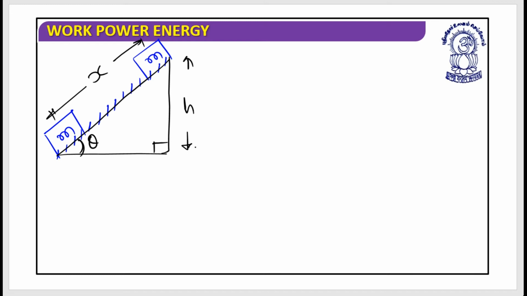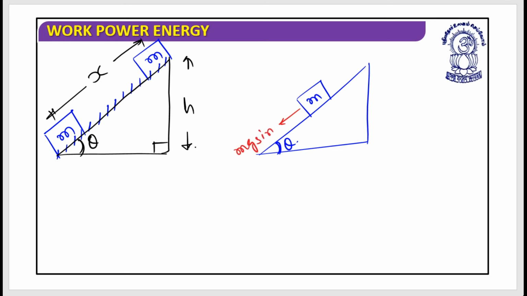Yes, so let's just find out what all forces are acting in this situation. This is theta. If my block is over here, then let's have all the forces. This is mg sine theta, this is normal, this is force of friction. What else? Yes, mg cos theta.